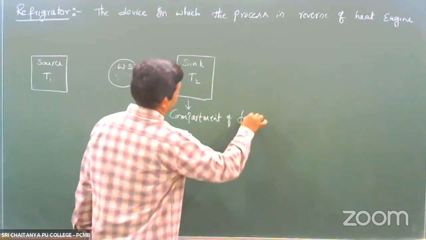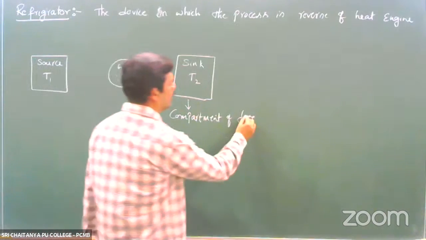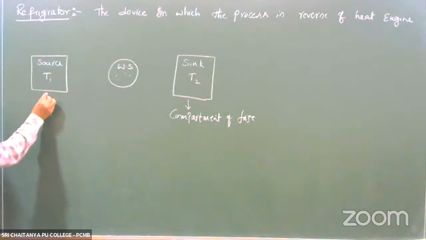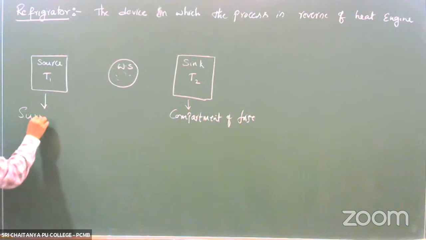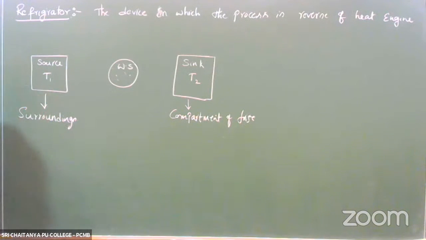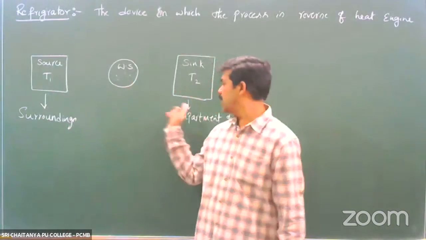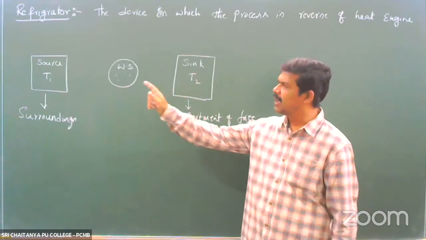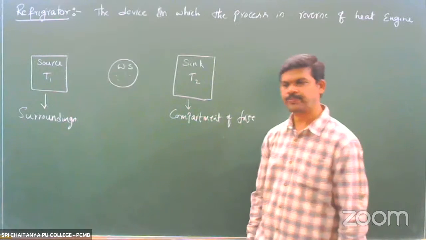Compartment of fridge, right? That is the sink. What is the source? Surroundings act like the source. In the case of a refrigerator, the compartment of the fridge acts like a sink and the surroundings act like the source.